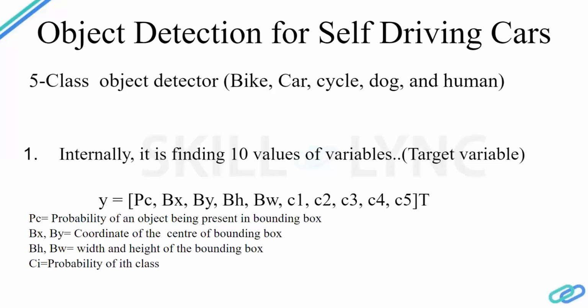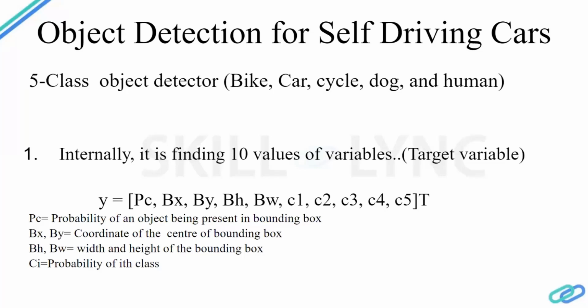The Y matrix consists of different things. There is a PC, which is the probability of an object being present in the bounding box. Then there are BX, BY, the coordinates of that bounding box, and BH, BW. So basically, when we have to create those bounding boxes, we have to go to the center of that object, and then calculate BX and BY.